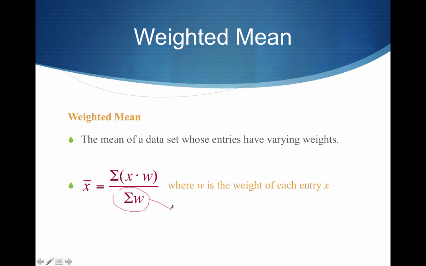This sigma W means sum of the weights, and in our numerator we multiply each entry by the weight for that entry, and add up all of those.